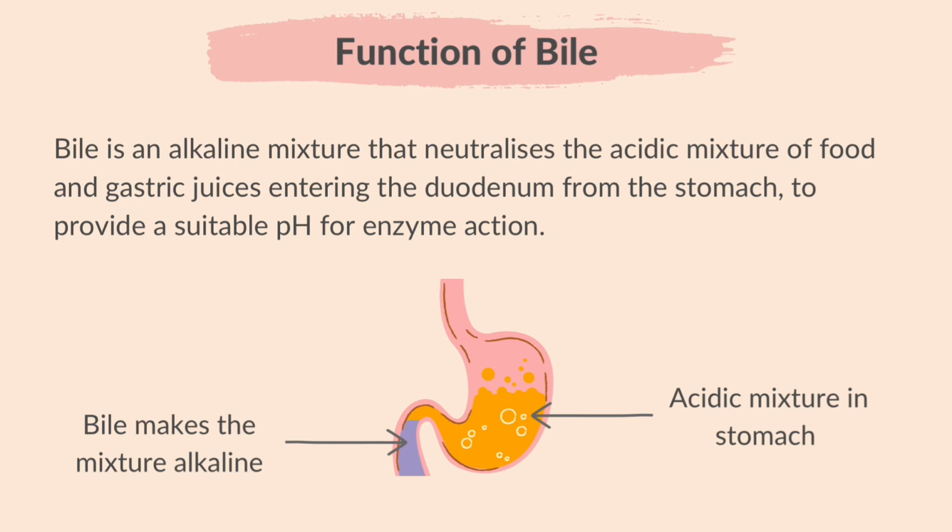The enzymes in the small intestine have a higher or more alkaline optimum pH than those in the stomach. So the bile gives the food mixture a more suitable pH for those enzymes to work best in the small intestine.